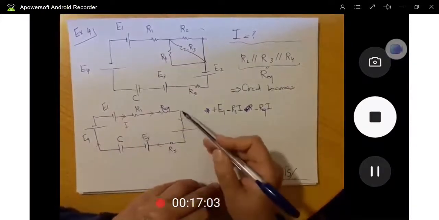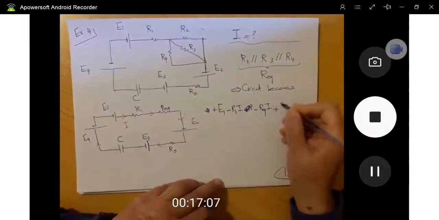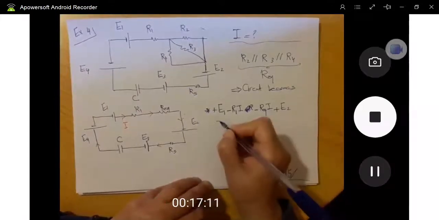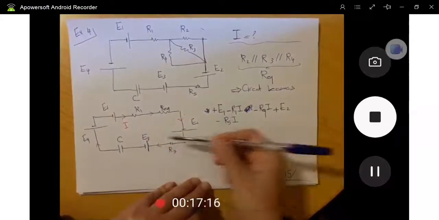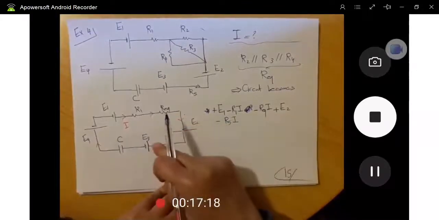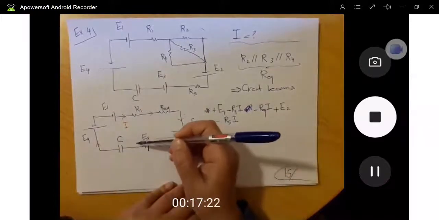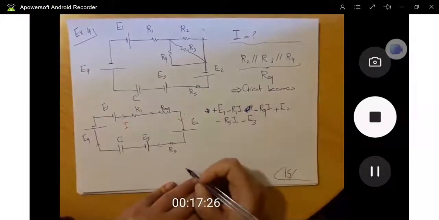I chose it by chance, with I. Now I'm moving downward, from negative to positive, so it's a plus E2. R5 is a minus R5 I. For the next battery, I'm moving this way, from the positive terminal to the negative terminal, so it's a minus E3.